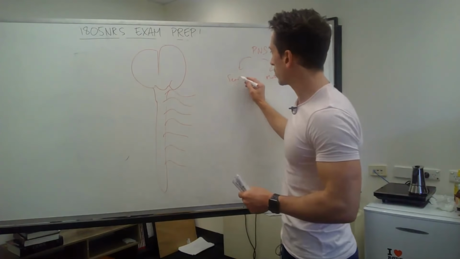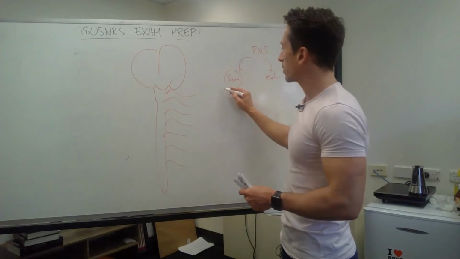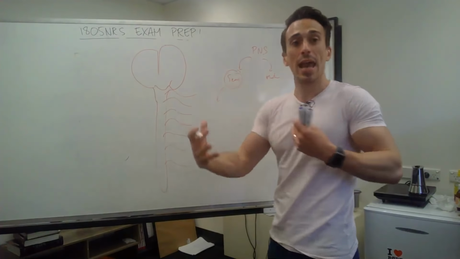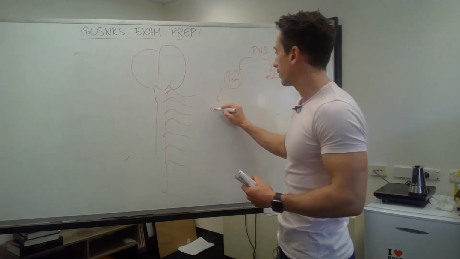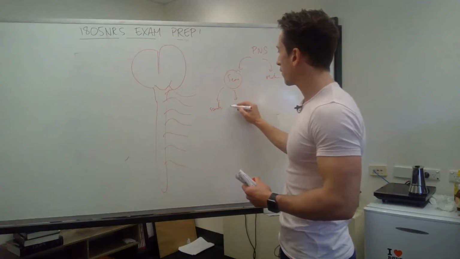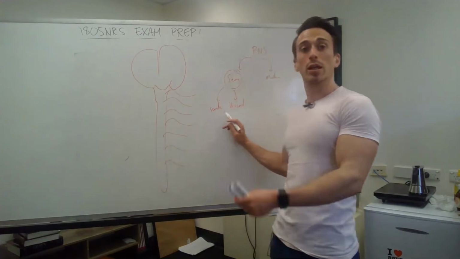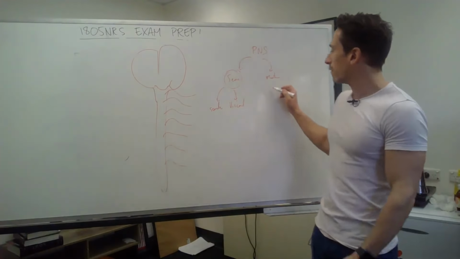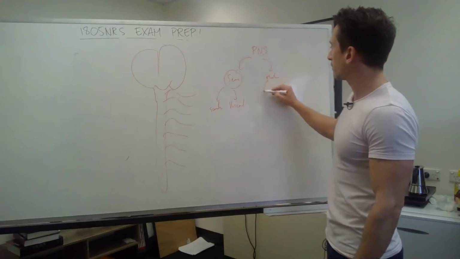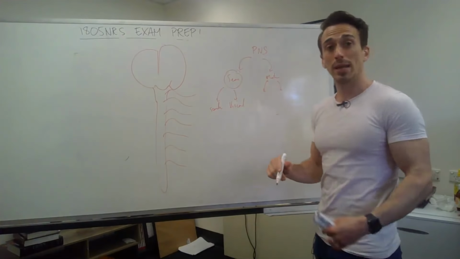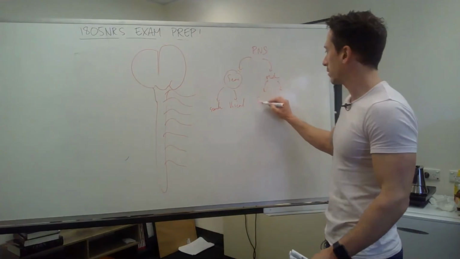What's coming in? What type of sensory input is there? Well, it's going to be coming from our skin and outer body. This is somatic. And coming from our organs is called visceral. So somatic from the body, visceral from inside the body. For motor, you're going to have somatic, which is all conscious movement.